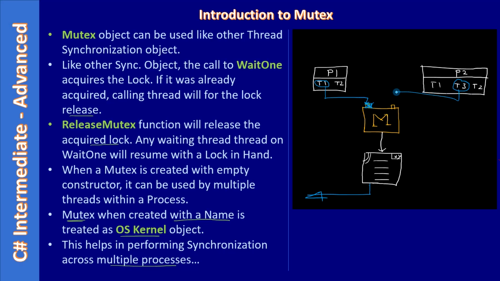So if thread T3 is coming in from process P2, it will wait for the lock to release. Once T1 of process P1 completes using the shared resource, the lock will get released, and both will use the same mutex, right? Once the lock gets released, T3 waiting on the mutex will access the file.